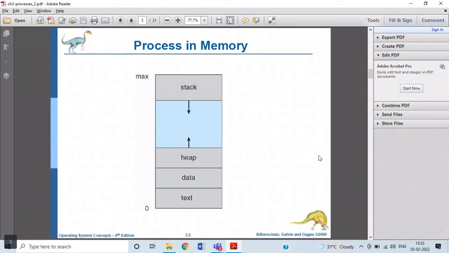What's the purpose? To arrange data in a sequential manner, like a structural manner. Okay, so that's a stack.